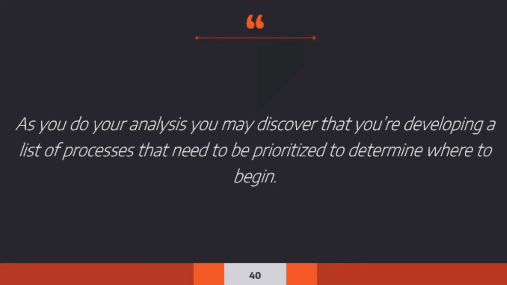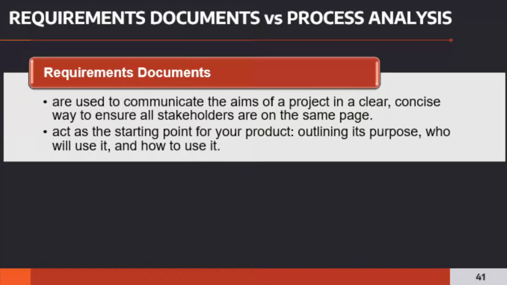Now you might ask, so what is a requirements document, or what is a process analysis? Well, let's go there. A requirements document is basically your communication that contains the aims of the project, right? In a clear, concise manner, right?